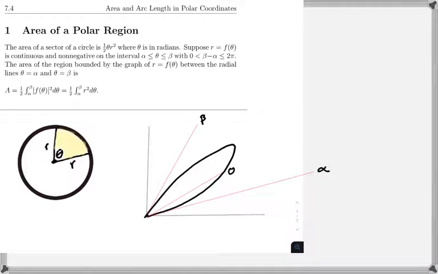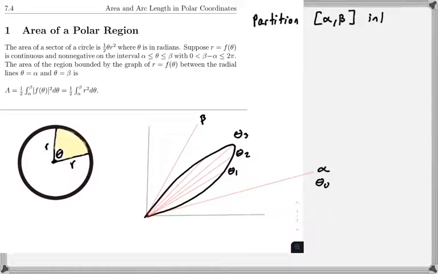Okay, so we're going to form a partition, and so alpha would be our theta naught, and then we have a theta 1, and then a theta 2, and a theta 3, etc., all the way out to beta, which would be our theta n. So we're going to partition the interval alpha to beta into n subintervals.